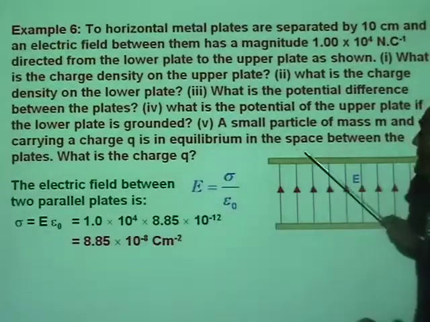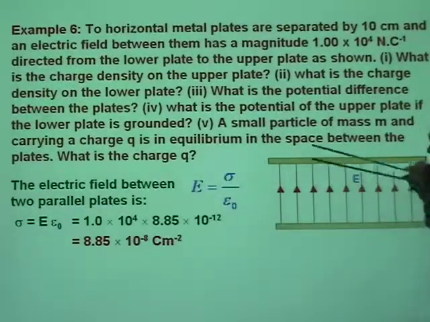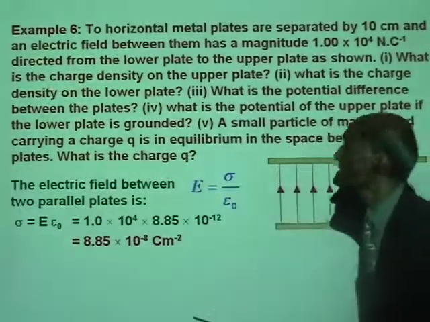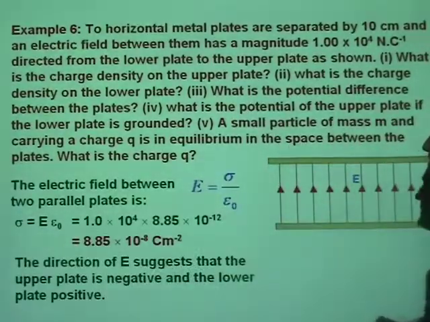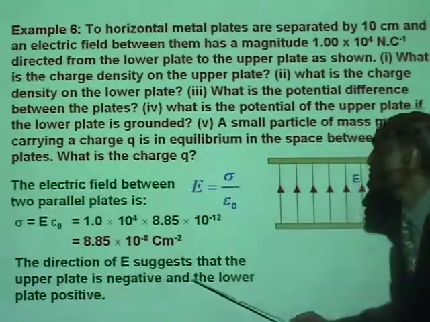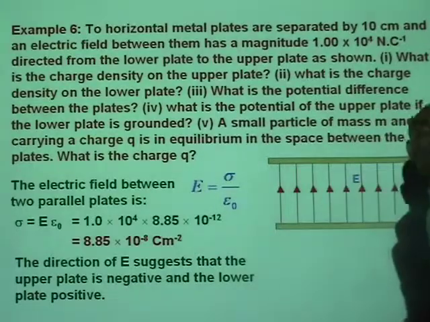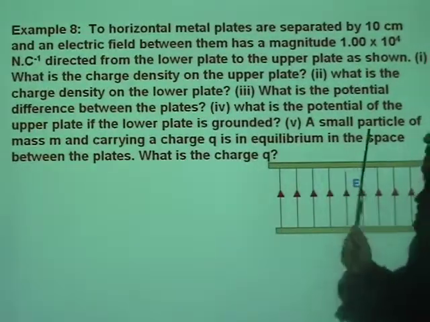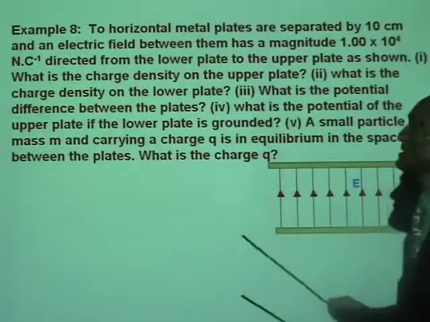on the upper plate. You see, the upper plate is negative. Therefore, the charge density must be negative on the upper plate. The direction of E suggests that the upper plate is negative and the lower plate is positive. Therefore, the charge density on the upper plate is negative.